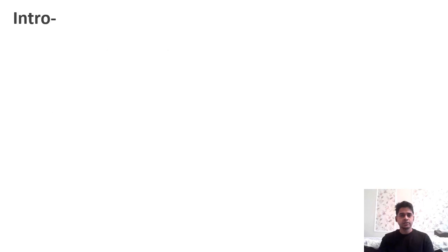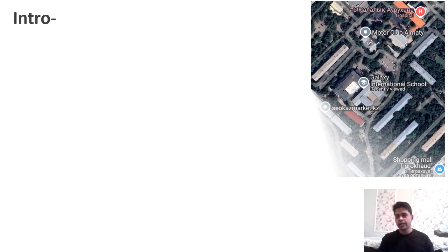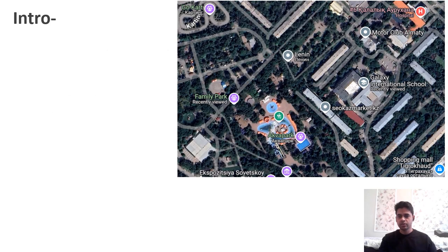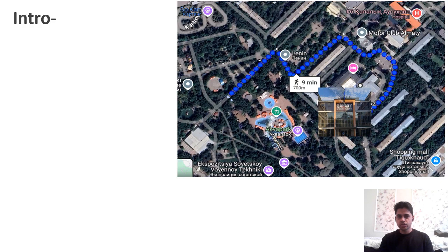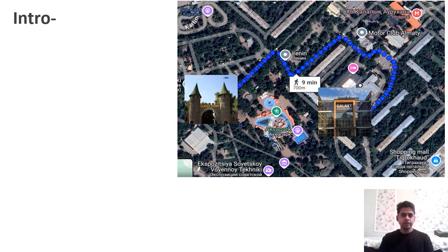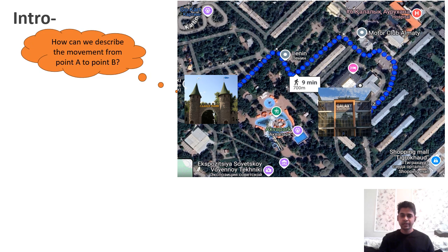So let's start. I have taken a screenshot from Google Maps, and in the map we have two points. One point is Galaxy International School and the other point is Family Park. We have a point A and a point B, and if I ask you one question, how would you describe the movement from Galaxy International School to Family Park?